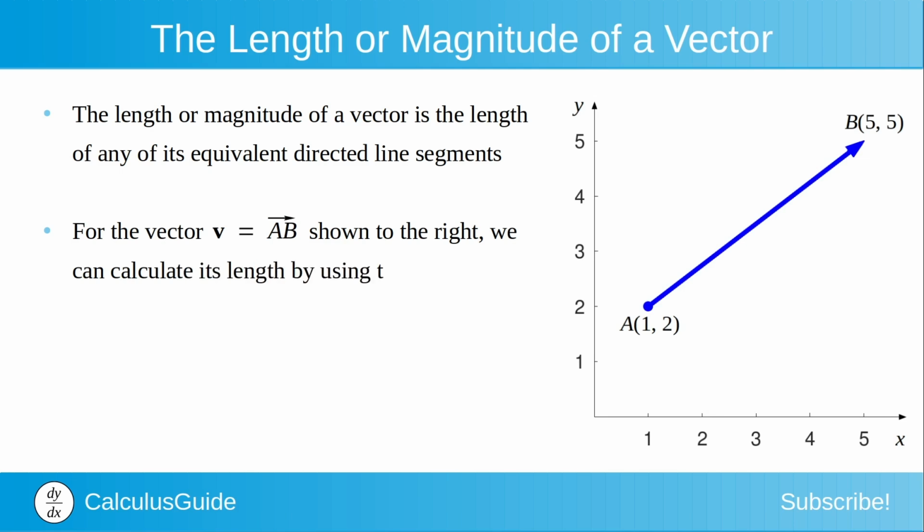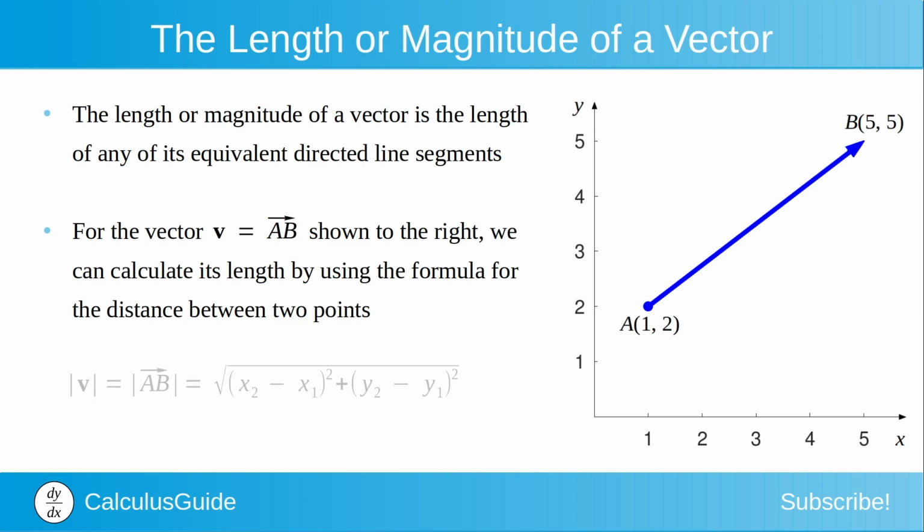For the vector V equals AB shown to the right, we can calculate its length by using the formula for the distance between 2 points. The length of the vector V, which is equal to the length of AB, is equal to the square root of (x2 minus x1) squared plus (y2 minus y1) squared, where x1 is equal to 1, y1 is equal to 2, x2 is equal to 5, and y2 is equal to 5.